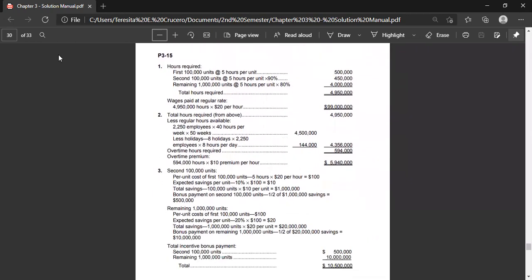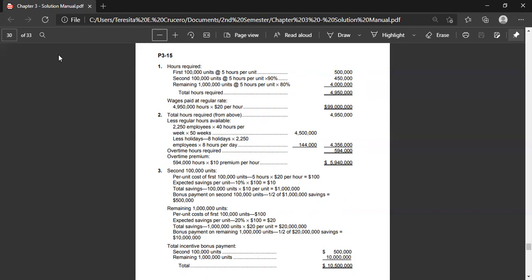Estimating labor cost for bids. So there's a bidding here. Prepare cost estimates for direct labor and labor-related costs for the contract showing the following. So number 1, wages paid at the regular rate. So we now have the company prepares cost estimates for projects on which it will bid.